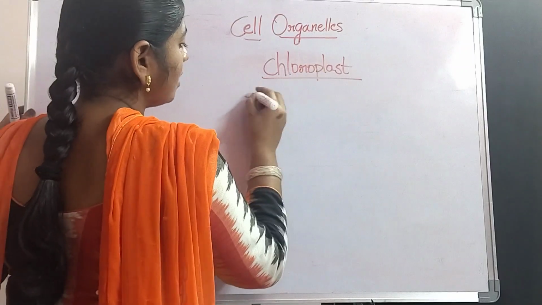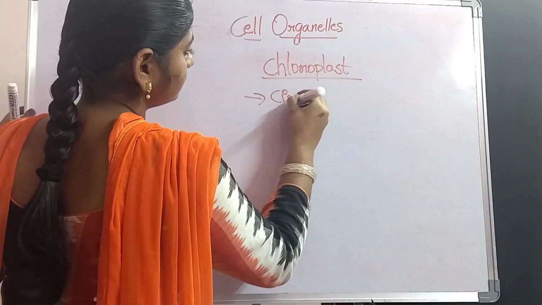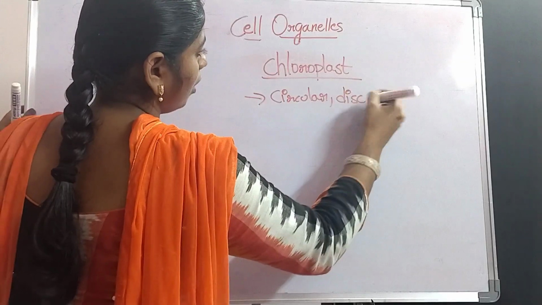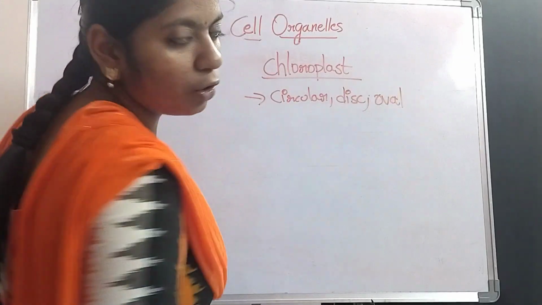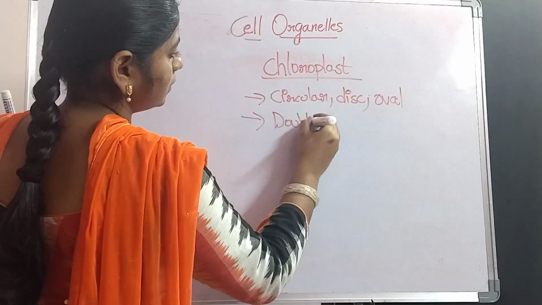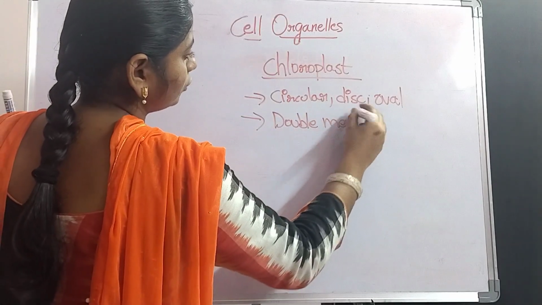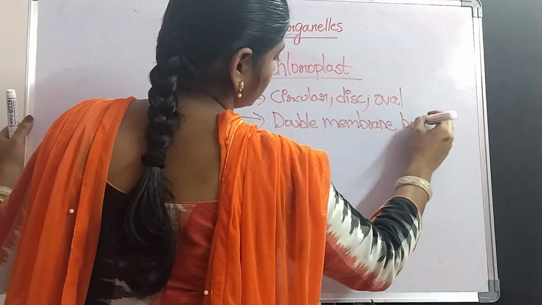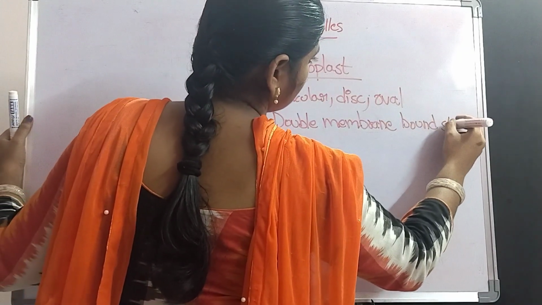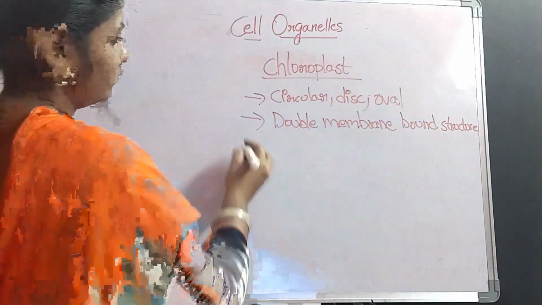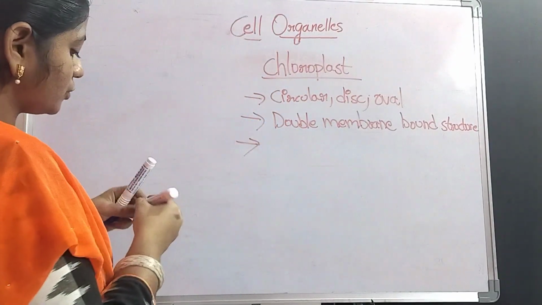The chloroplasts are circular, disc shaped, or may also be oval shaped. The chloroplasts are double membrane structures. Similar to the mitochondria, the chloroplasts are also double membrane bound structures. Let us see the structure of the chloroplast.